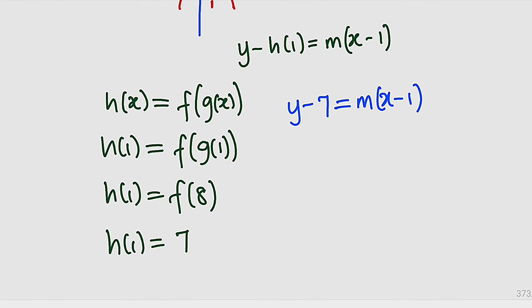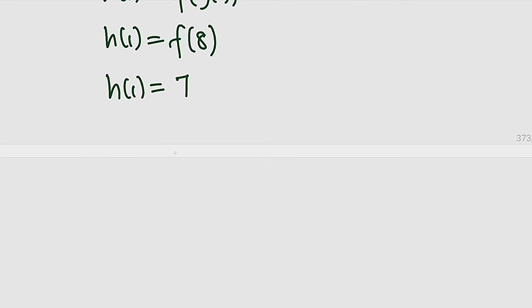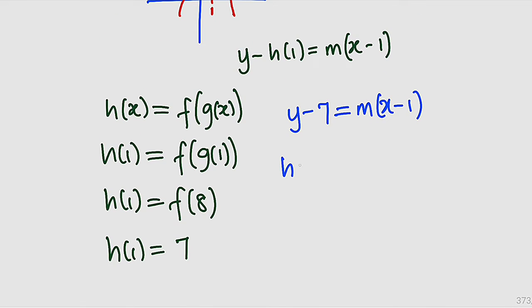And how can we find m? m is nothing but the slope of that curve at exactly where x is equal to 1. And which function is that? h. Alright, remember that h is given as f of g of x. So to find m, which is the slope of the curve at exactly where x equal to 1, we need to differentiate the function h and substitute x equal to 1.